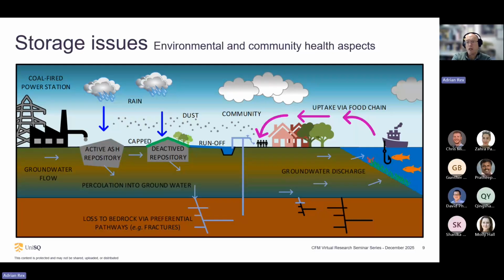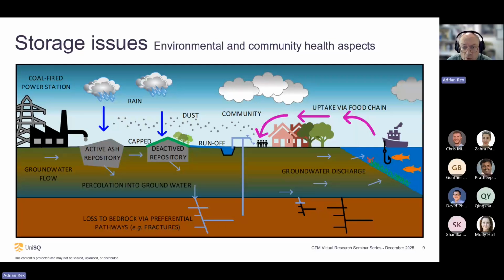And there are studies from the US and from India in particular that have shown leaching of heavy metals into the groundwater. So we're seeing community health issues in terms of dust, in terms of polluting the groundwater, in terms of the whole food chain uptaking these heavy metals.